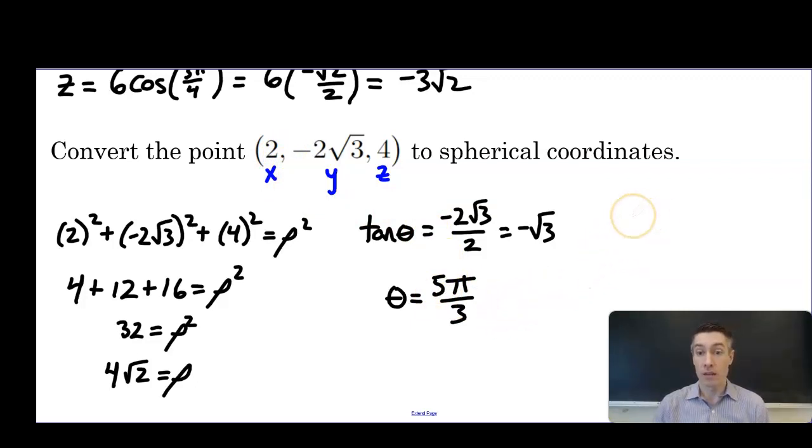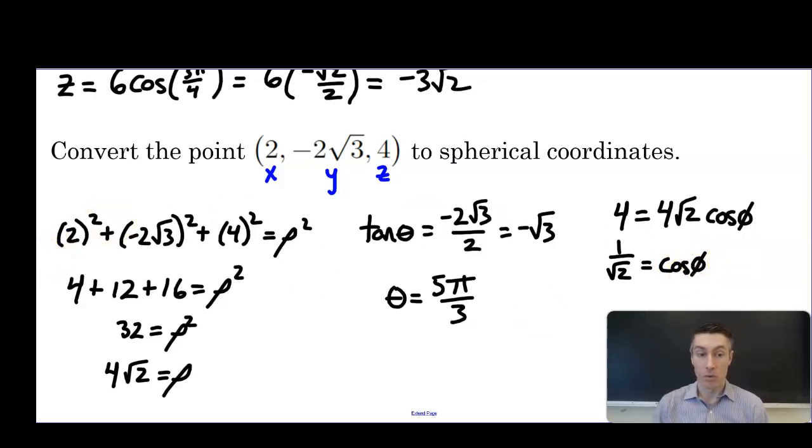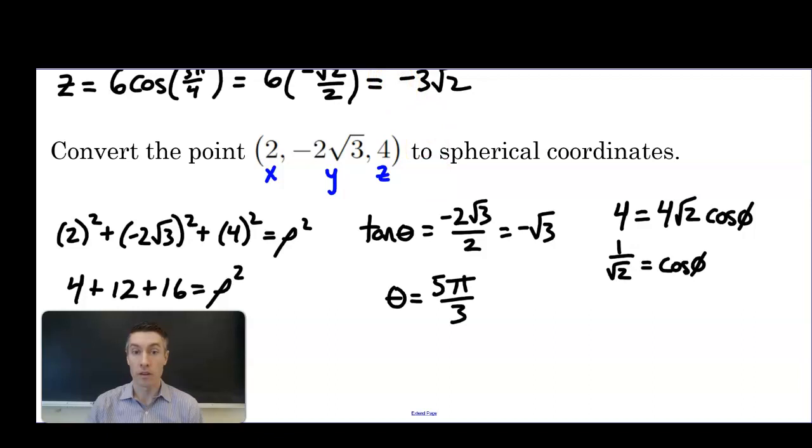And then for phi, we need to use z equals rho cos phi. So z is 4. We already found the rho value, so we have to use that in our computation. And then cosine phi. So 1 over square root of 2 equals cosine of phi. Move over to this side.